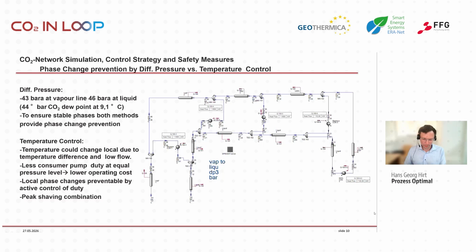Our approach was to superheat and subcool the CO2, so controlling the temperature of the network to ensure enough flow and duty in the network to keep it at the clear phase position. And here you can also see at this layout that you have to keep the vapor phase in state.